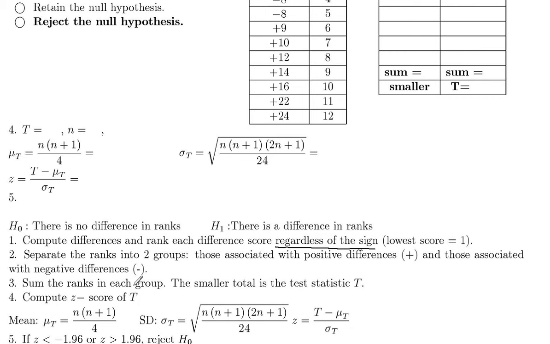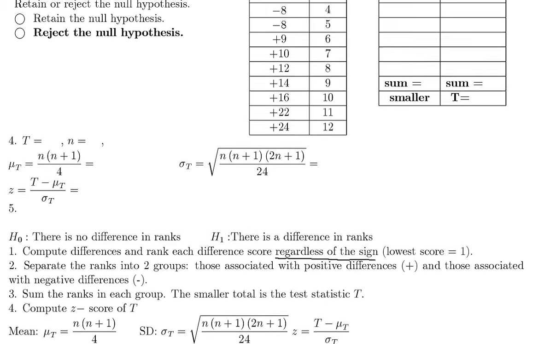Then separate them into two groups, the positive differences and the negative differences. Sum each group, and compute a z-score for your test statistic, which is the smaller sum of ranks. Our rejection rule is if your z-score is less than negative 1.96 or greater than positive 1.96, with this being your mean and standard deviation. These are given, and n is your sample size. And this is your formula for z-score.